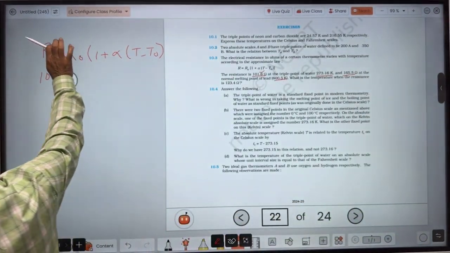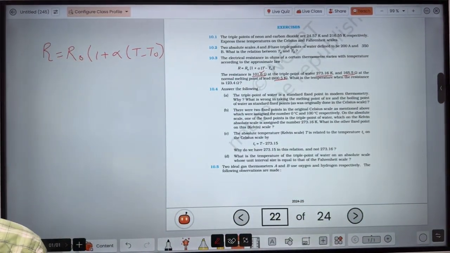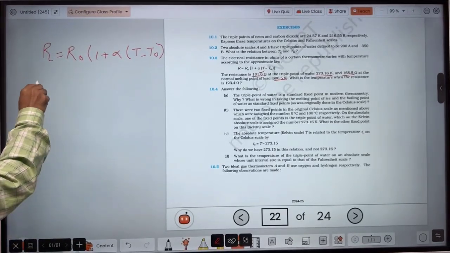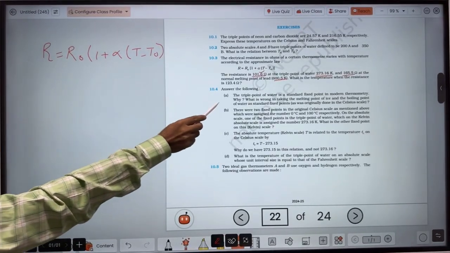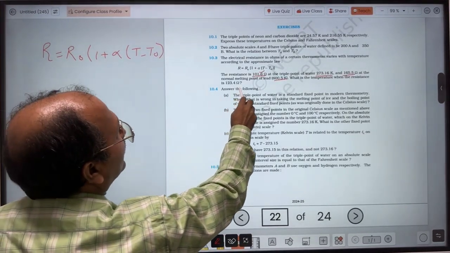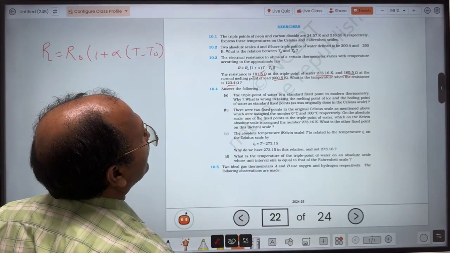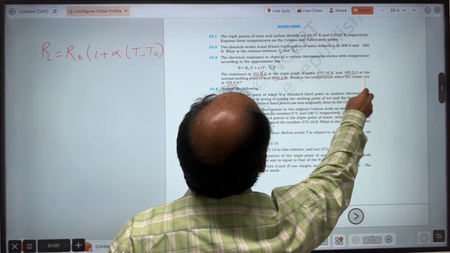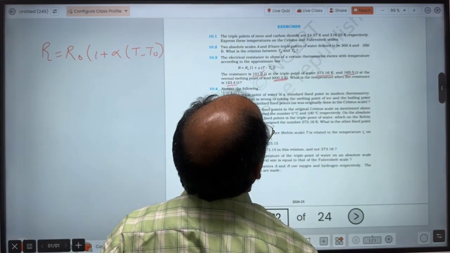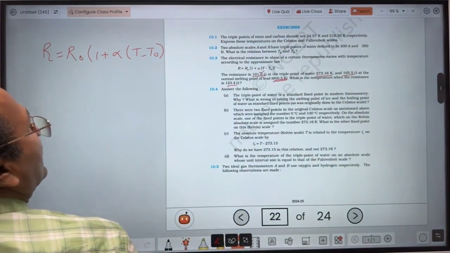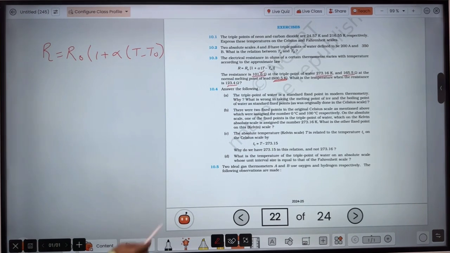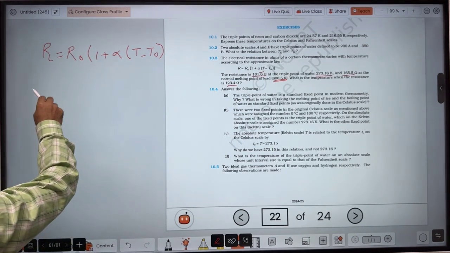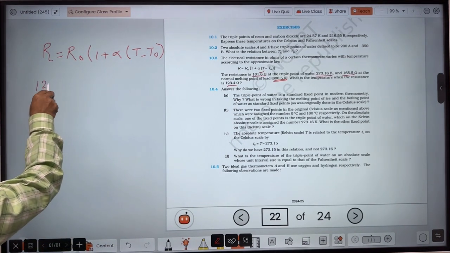So we are going to apply this way. So the first resistance is 123 point this much, and the temperature is to be found. The second one is 165.5 and the corresponding temperature is this much, right? So it can be easily done. So let's write these values.